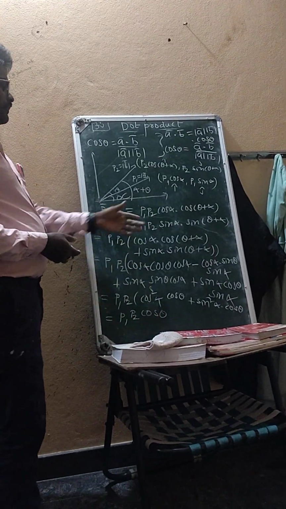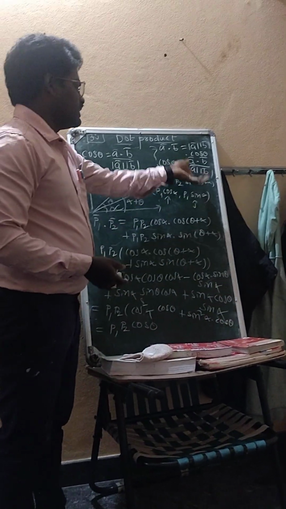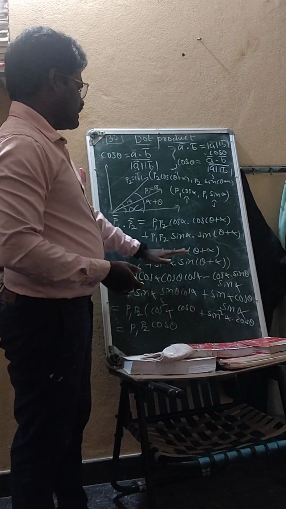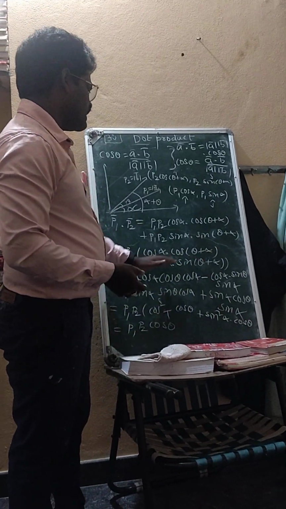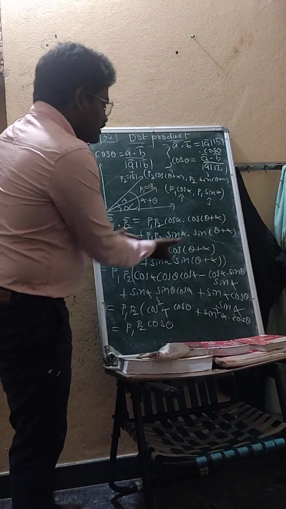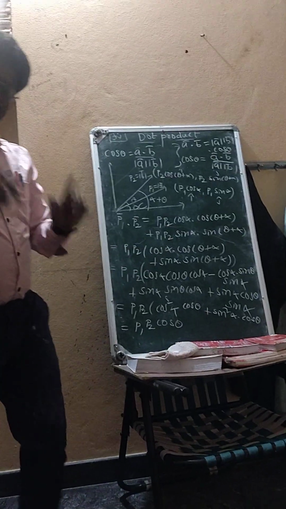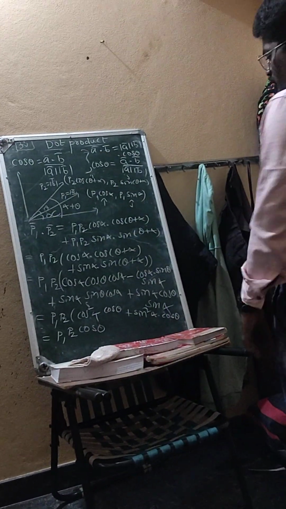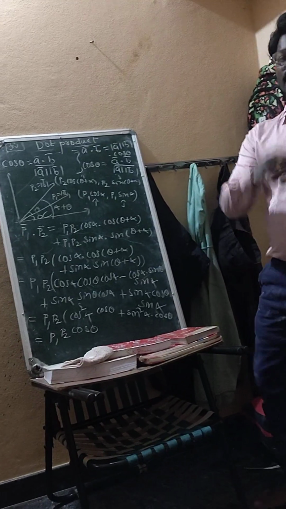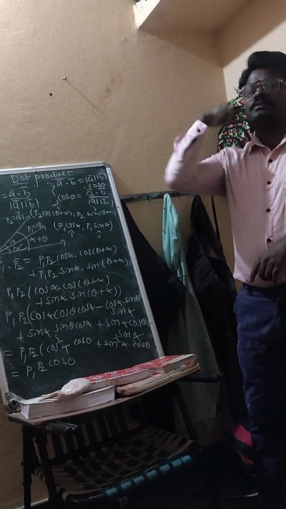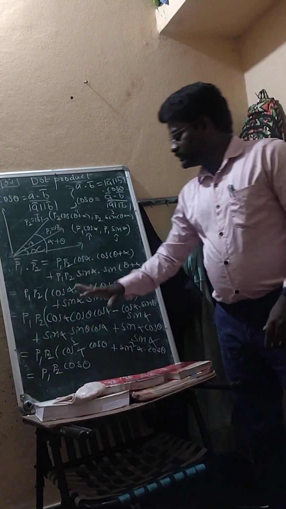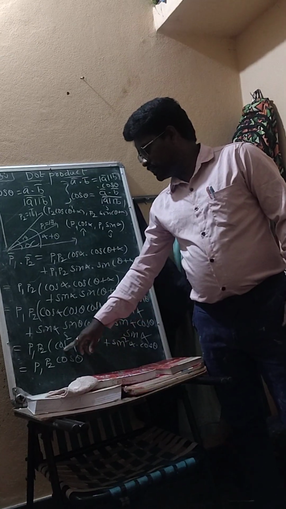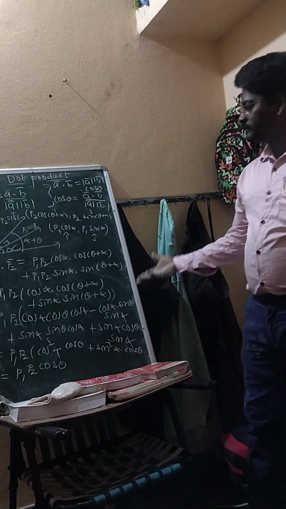P1 dot P2, I dot I is 1, J dot J is 1, same: cos alpha into cos of theta plus alpha, sin alpha into sin of theta plus alpha. You know cos of A plus B is cos A cos B minus sin A sin B. You know the sin of A plus B formula, sin A cos B plus cos A sin B. Plus and minus cancel, remaining cos theta is common, cos square alpha plus sin square alpha.